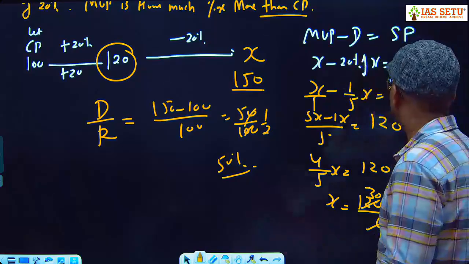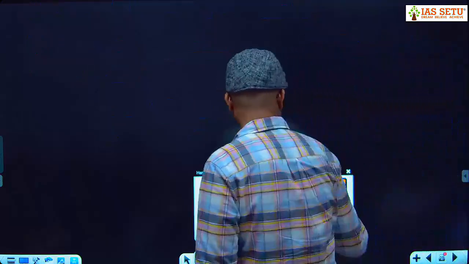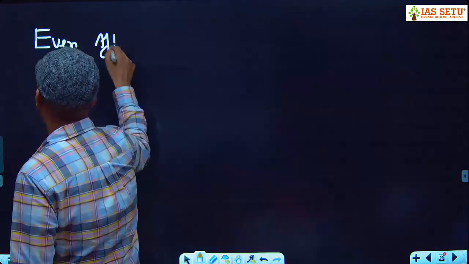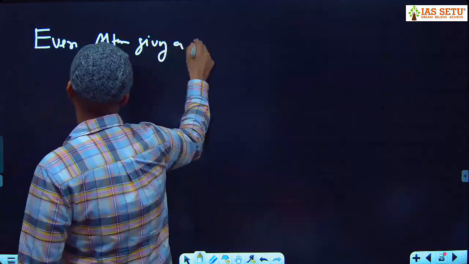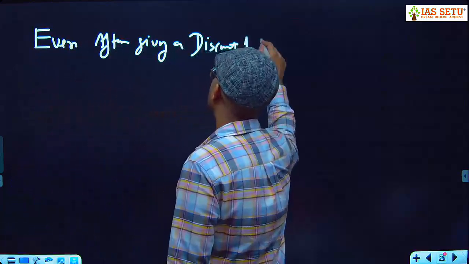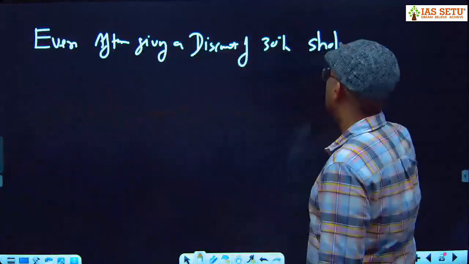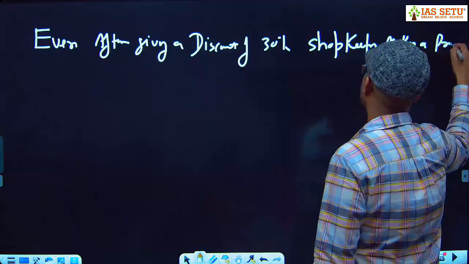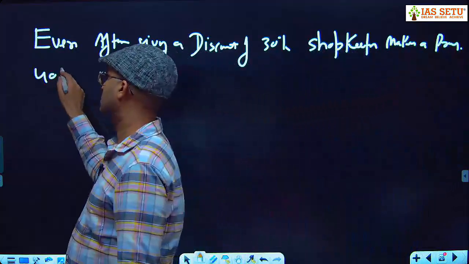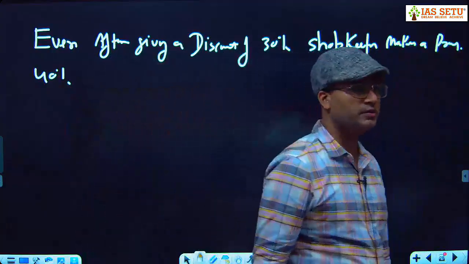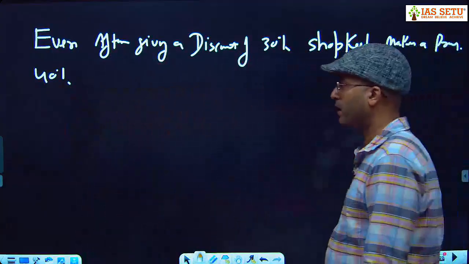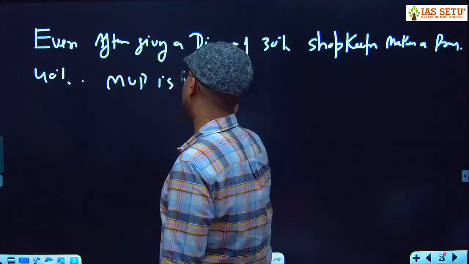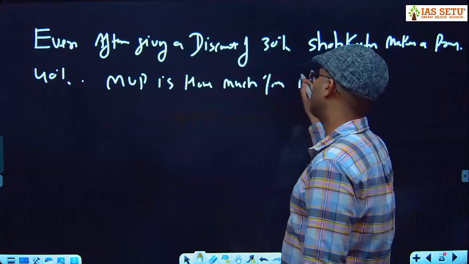Let us practice one or two extra questions. Even after giving a discount of 30%, shopkeeper makes a profit of 40%. 30% डिस्काउंट देने के बाद भी शॉपकीपर ने 40% प्रॉफिट बना लिया. मार्कअप प्राइस इज हाउ मच परसेंटेज मोर देन कॉस्ट प्राइस.